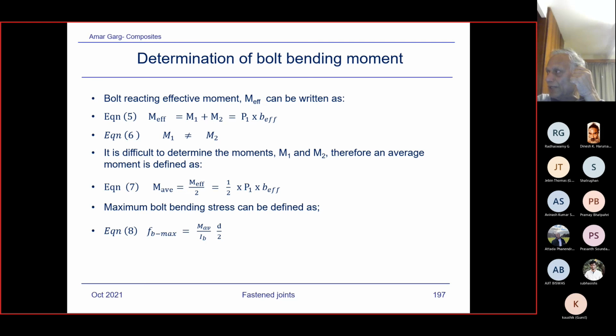Might try to go through that report. Dinesh has uploaded that fastener design guide, and you can send me the email explaining the scenario which you have. I'll try to find an answer. I don't claim that I know about it, but maybe I can try to help you if I can. Thank you, sir. Any other question?